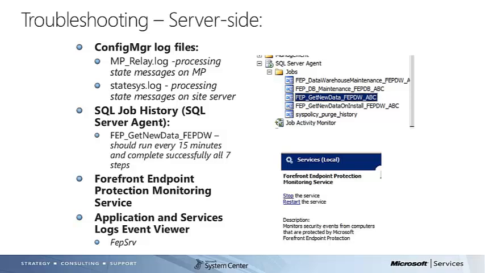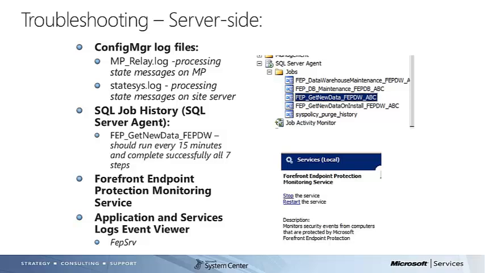One other thing that I did mention was the Get New Data job that runs every 15 minutes. If you're familiar with SQL, you can dig into the SQL Server Agent and take a look at the SQL job history.